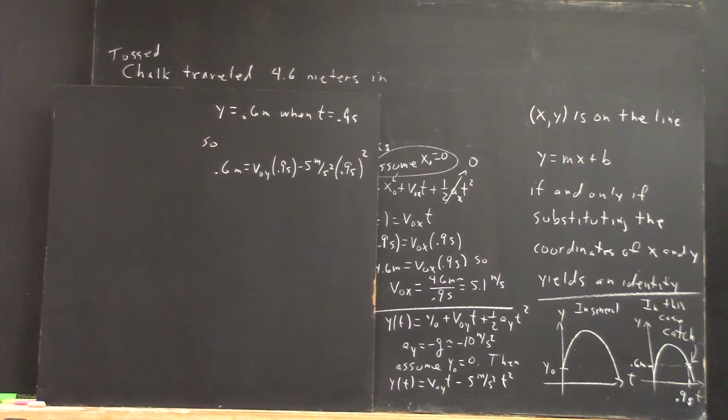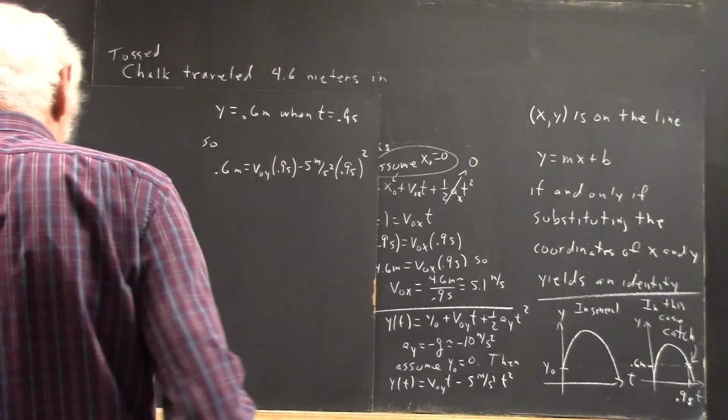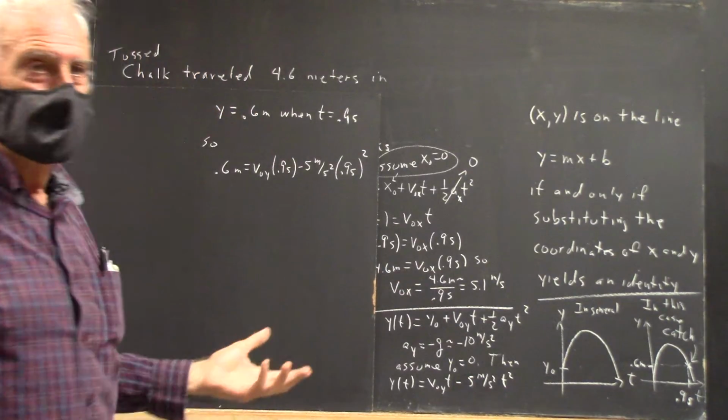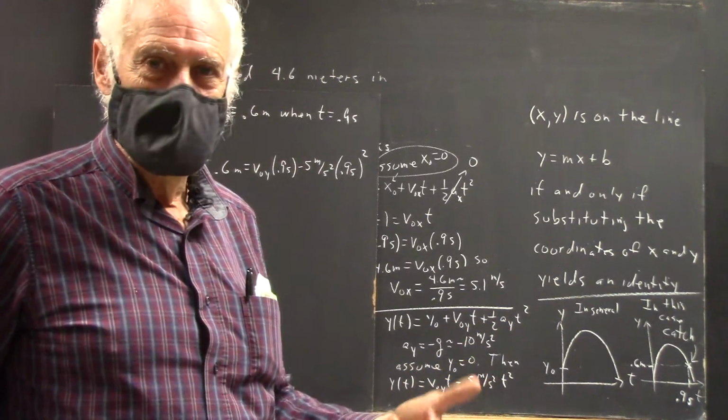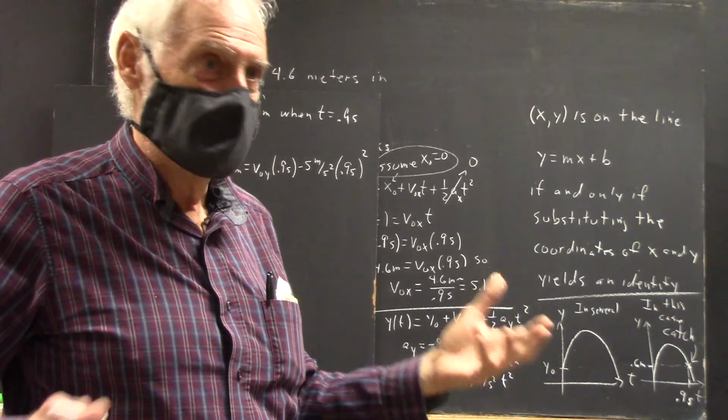So your hands were about there, so that's about 0.5 meters above the catch. So I'm saying, I think, and we're going to see. It's conceivable that my estimates aren't completely accurate.